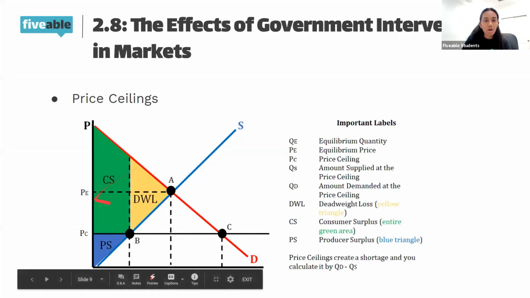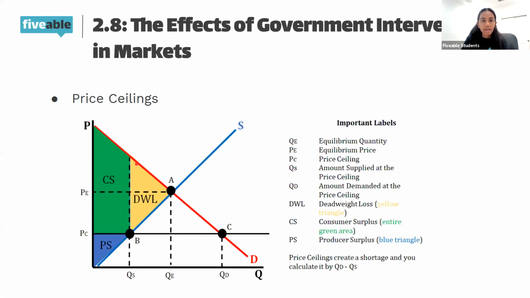And once we draw all of these new lines, we can see that there's this triangle off to the side called deadweight loss. Deadweight loss just refers to any kind of inefficiency in the market. That means that we're actually decreasing our total surplus in this case.